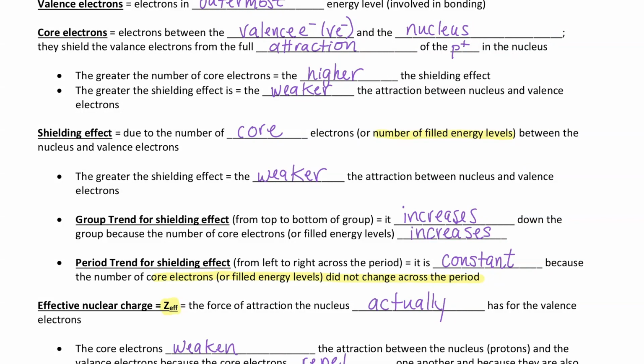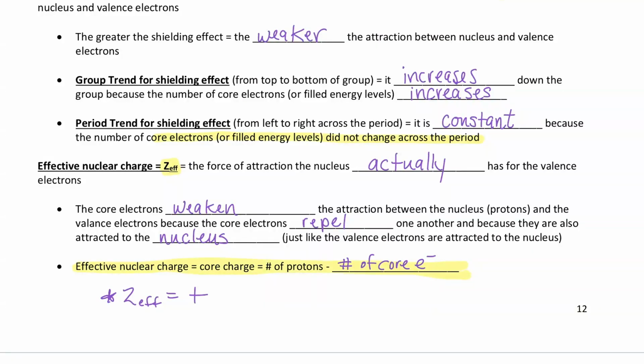It's going to be one or the other. There will be very few situations where you have to consider both a change in distance from the nucleus and protons, right?